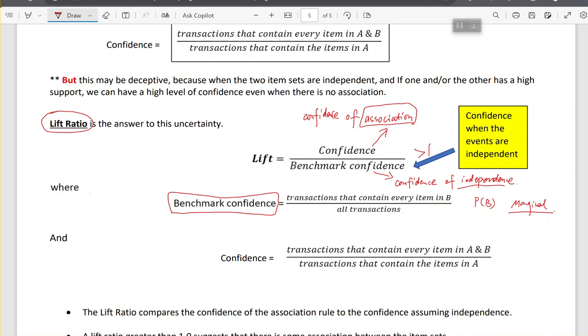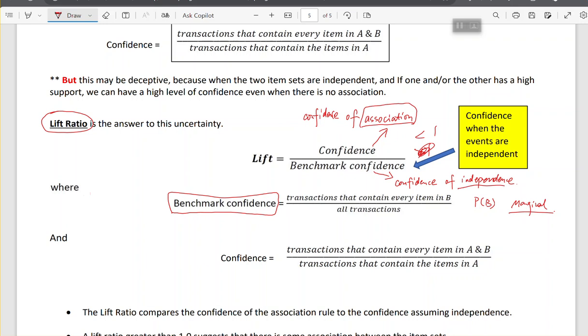It can beat the confidence of independence. The other way, if this ratio is less than 1, that means the association is quite small, smaller than the independence confidence, so they tend to be more independent.